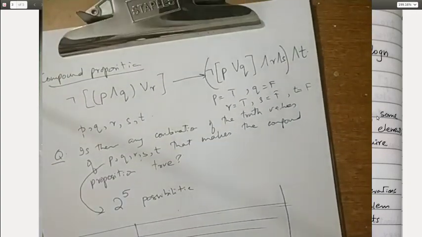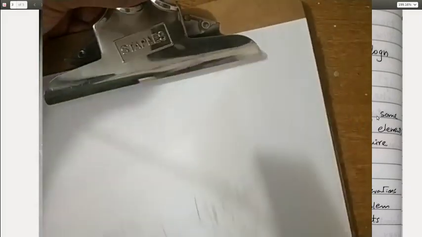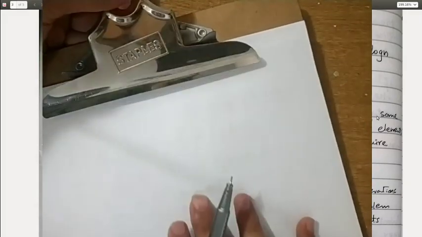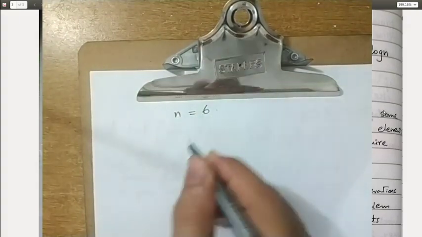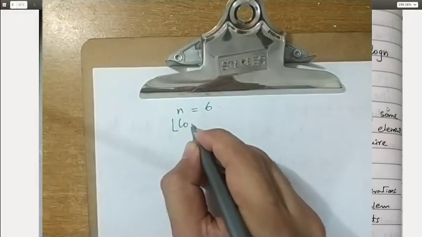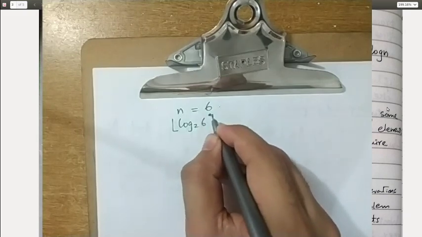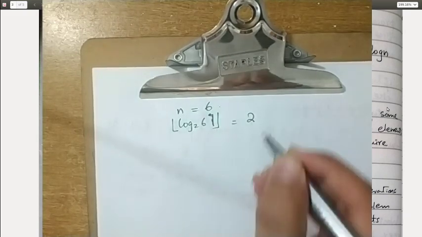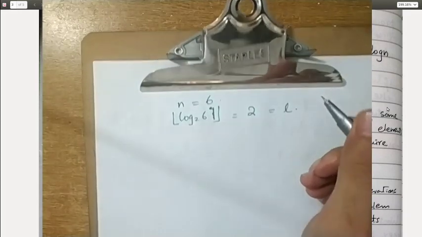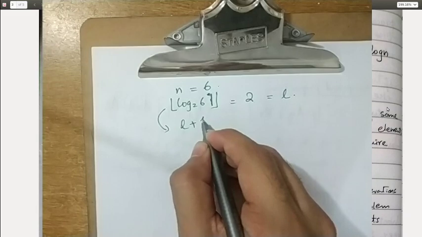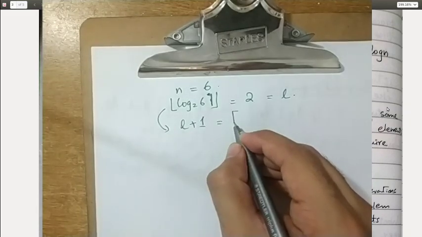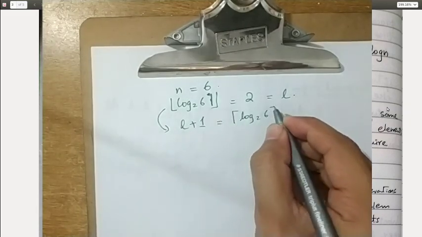Actually, let me just write this down in something different. So here's what we did. If n was 6, you do floor of log base 2 of 6 to get 2, and this is set to be L, and the class that you're interested in is L plus 1, which of course can be written as the ceiling of log base 2 of 6.